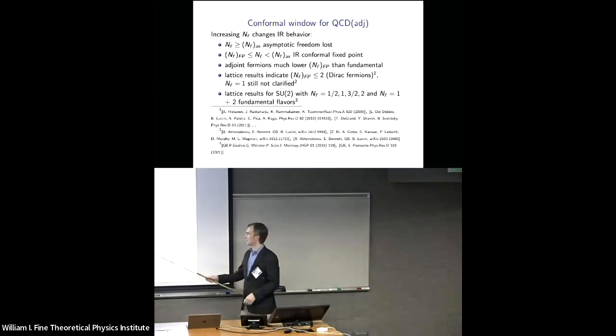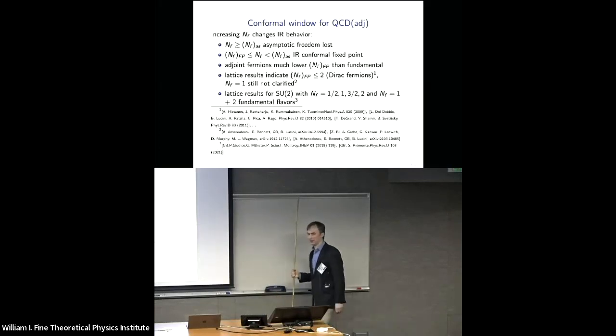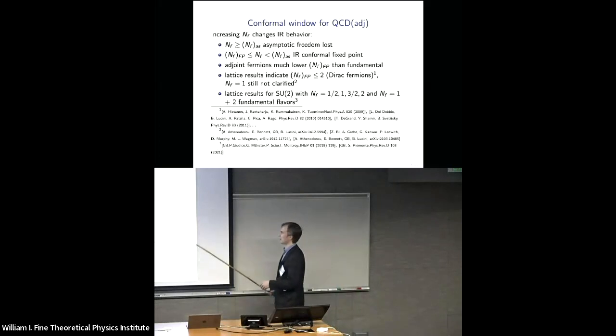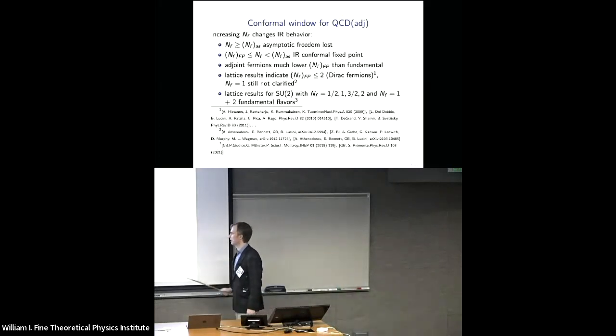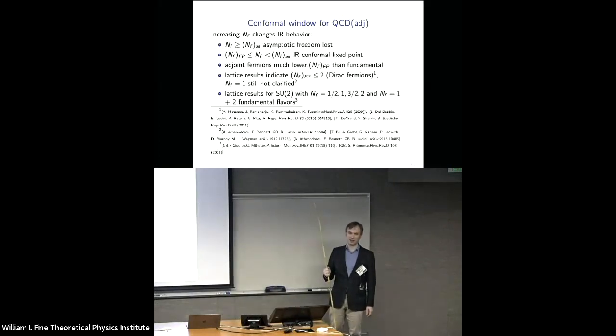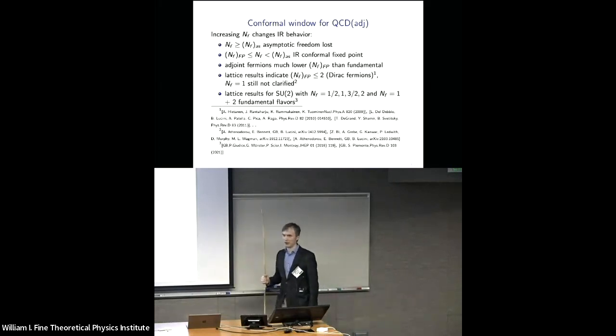What lattice results indicate is that the theory with 2 Dirac fermions is already in the conformal window. The reason why this theory has been so heavily investigated, and I listed here only a subset of all the lattice results available for it, is that it has been suggested as a minimal walking technicolor extension of the standard model.